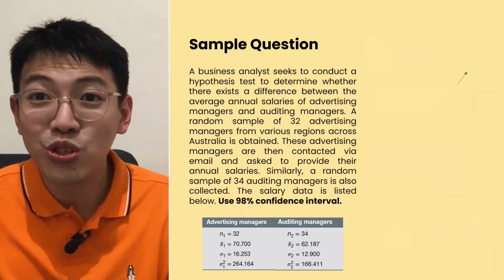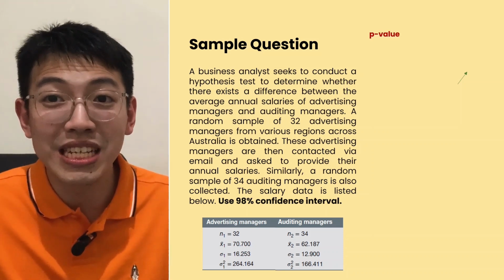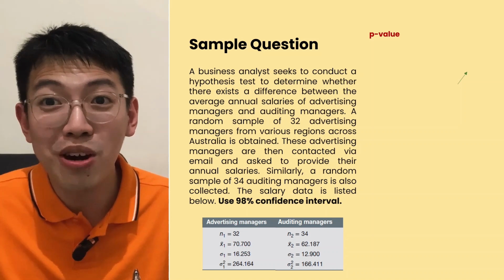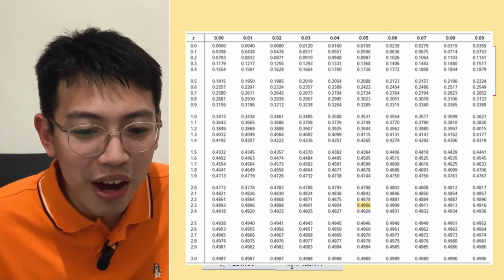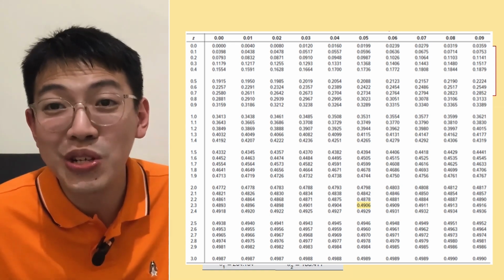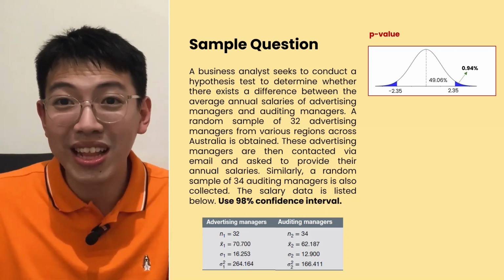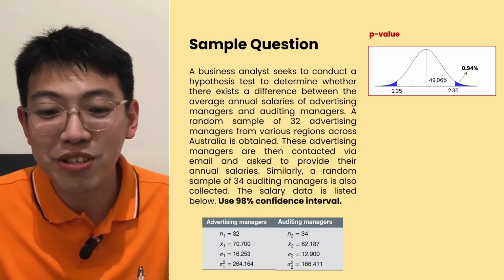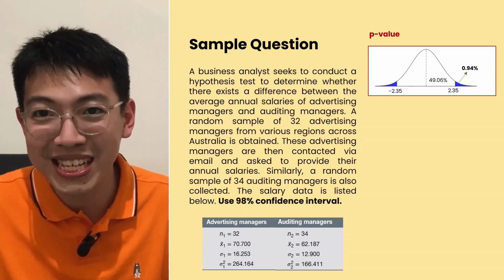How if I ask you about the p-value? To calculate the p-value, we have to use the Z calculation, 2.35. If we see in the Z table, 2.35, the result will be 0.4906. It means the p-value in one side only will be 50% minus 49.06%.